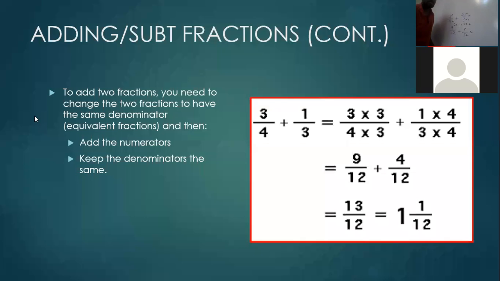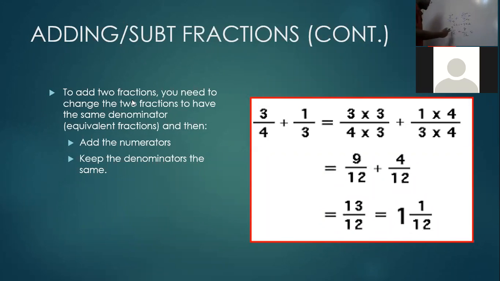Now, how do we add two fractions together? So let's go back and see that real quick. All right, so we have two regular fractions. The way we add two fractions together is we add the numerators.